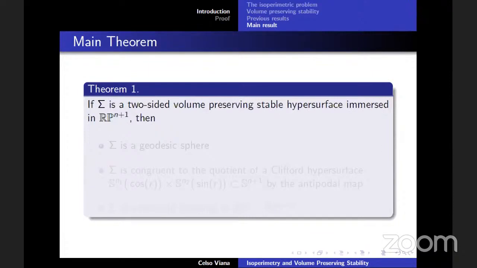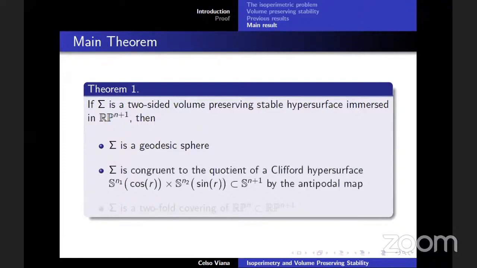We looked at two-sided volume preserving stable constant mean curvature hypersurfaces in the real projective space, and we proved that the possibilities are that sigma is a geodesic sphere, a tube, or these Clifford hypersurfaces, which you should understand as the generalization of tubes about geodesics that we saw earlier in the real projective space.